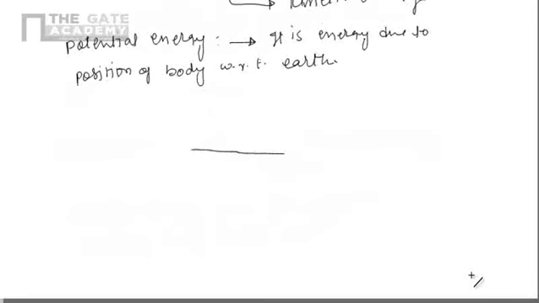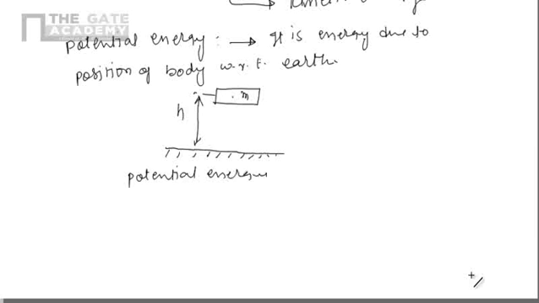Suppose this is the earth surface and we have a body of mass m at a height h from the earth. Then potential energy is mgh. It means potential energy depends on the position of the body with respect to earth.